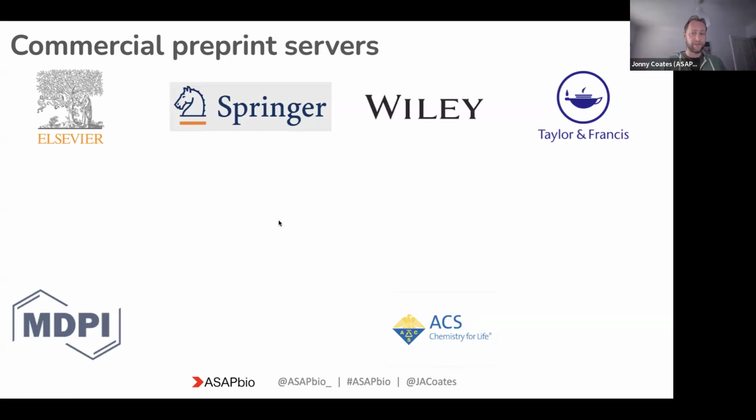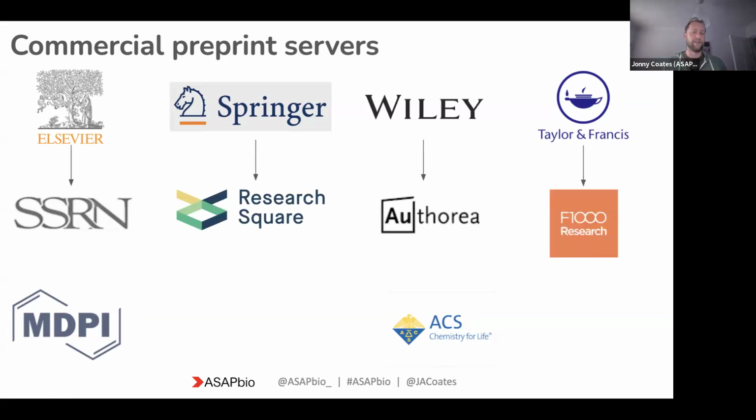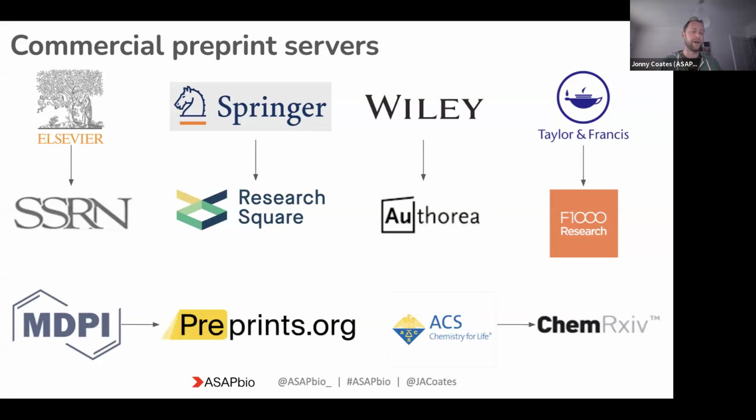And like I said, these all own big preprint servers. So Elsevier owns SSRN, Springer Nature own Research Square, Wiley own Authorea, Taylor and Francis own F1000, which is kind of surprising because that's a fairly forward-thinking server. MDPI own preprints.org, and the ACS own ChemRxiv.